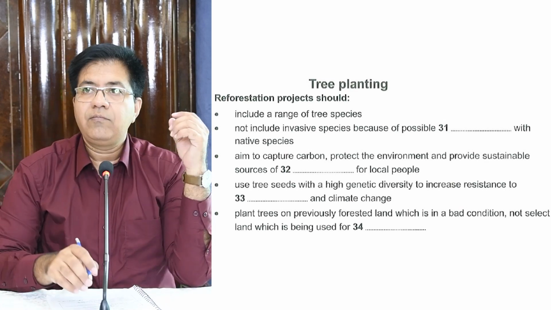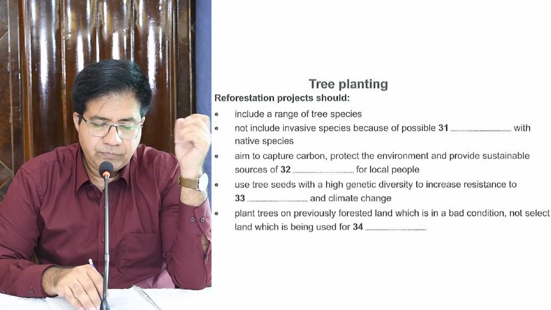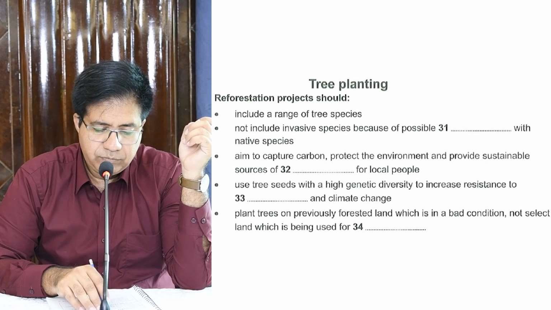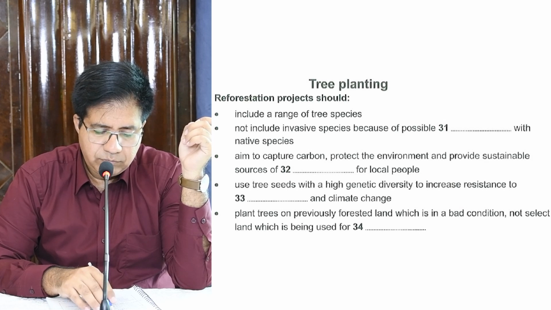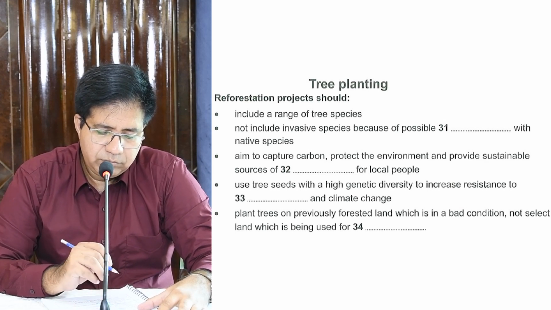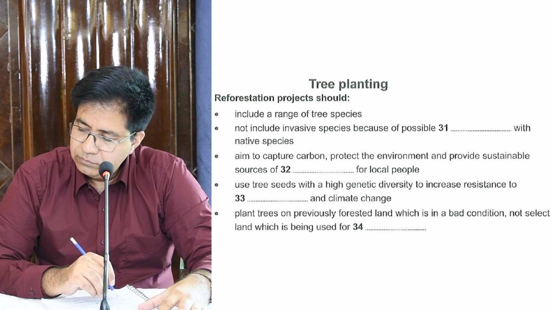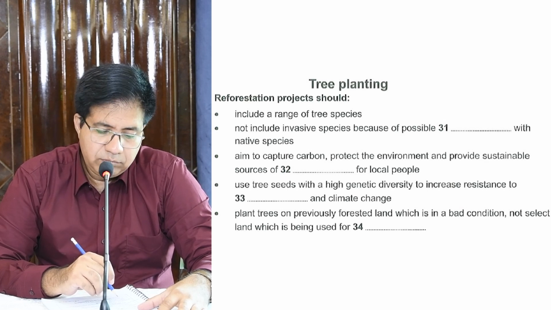Choosing the right location for reforestation projects is as important as choosing the right trees. Ultimately, the best area for planting trees would be formerly forested areas that are in poor condition. It's better to avoid non-forested landscapes such as natural grasslands, savannas or wetlands, as these ecosystems already contribute greatly to capturing carbon.